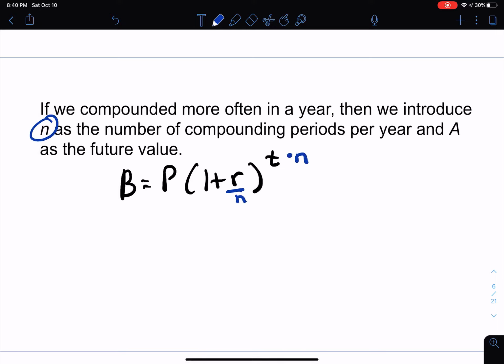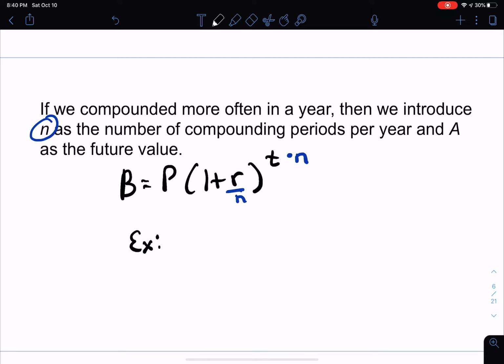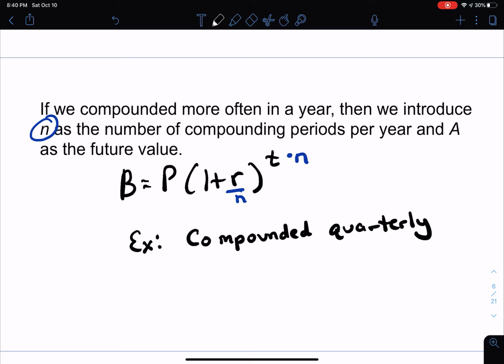Let's say it's compounded quarterly, that's 4 times a year.